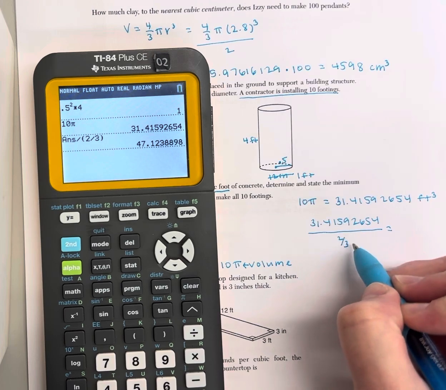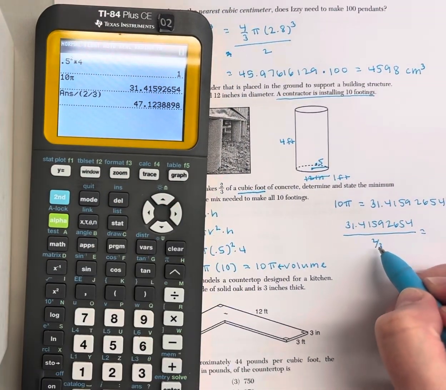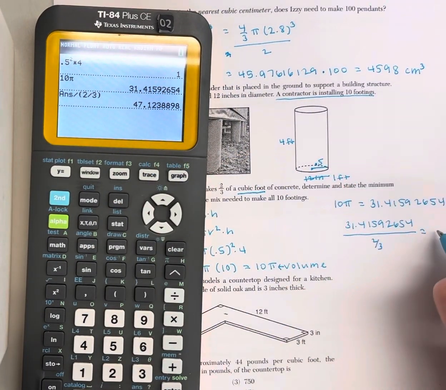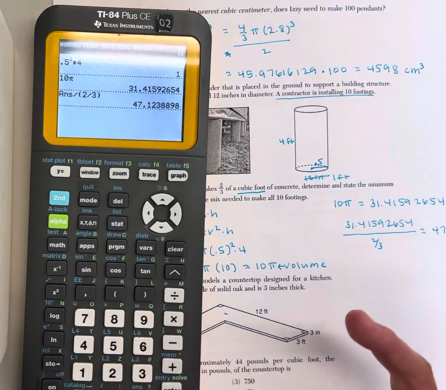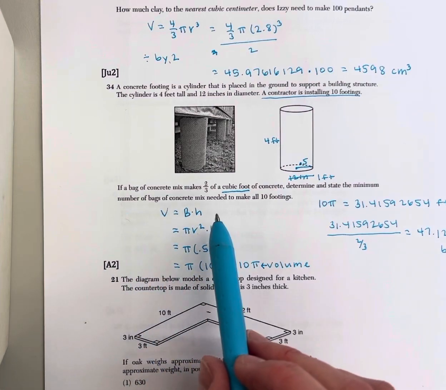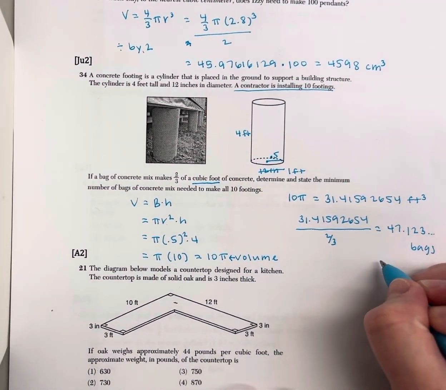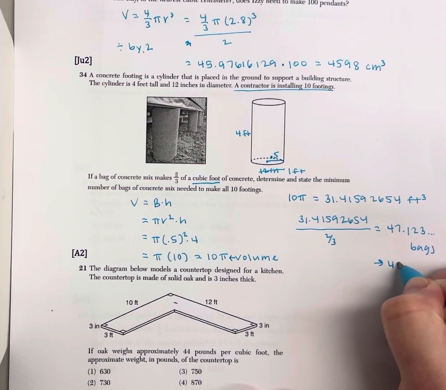So this is cubic feet, and this is 2/3 of cubic feet as well. So I get about 47.123 bags. So I need 47 and change bags. So this doesn't actually say to round, but I can't buy 47.1 bags. So I'm going to have to round this up to 48 bags.